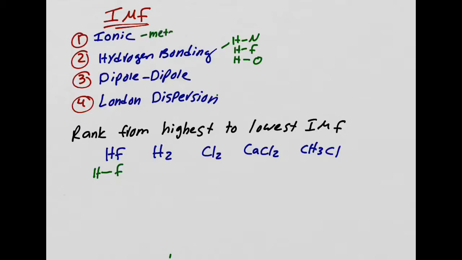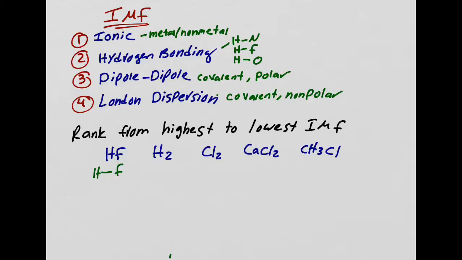Ionic is when you have a metal and a non-metal, and consider hydrogen a non-metal. Okay, and dipole is when you have a covalent compound. That means you have two non-metals, and the compound is polar. And London dispersion is when you have a covalent compound, two non-metals together, and that compound is non-polar.